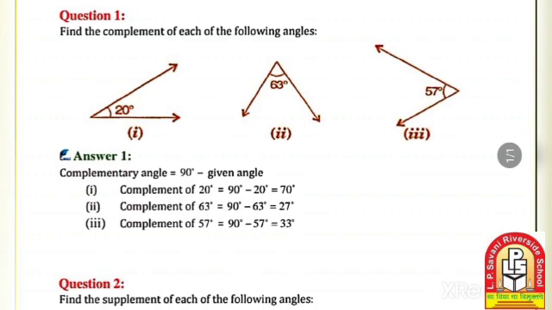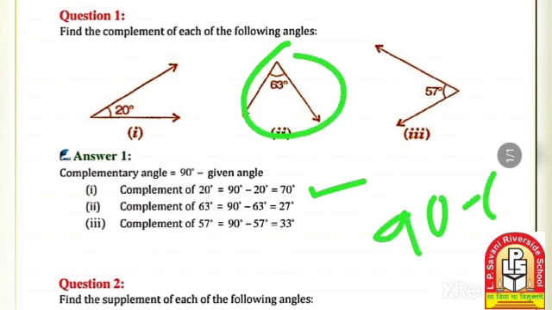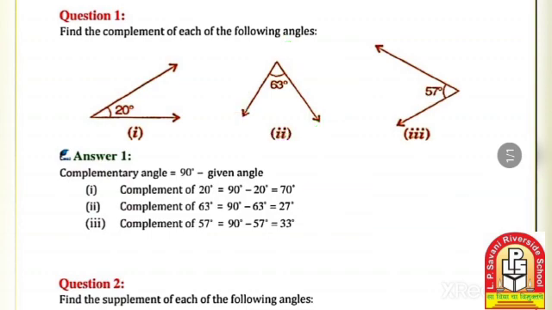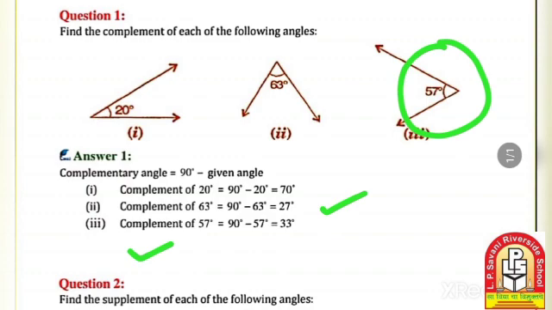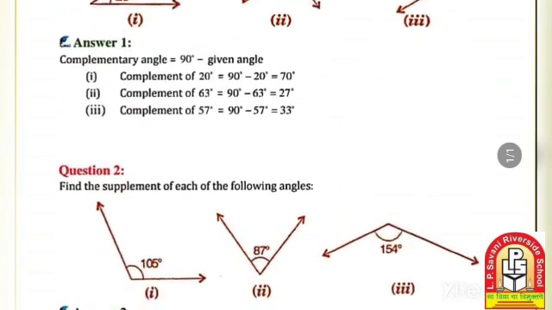So the complementary angle is 70. Then for 63, 90 minus 63 is 27. So the complementary angle for 63 is 27. Next, for 57, the complement is 90 minus 57, that is 33 degrees.